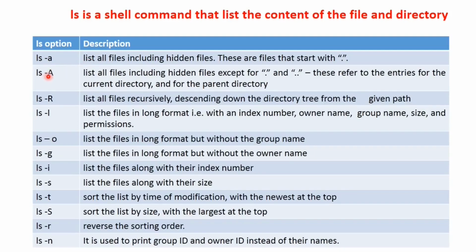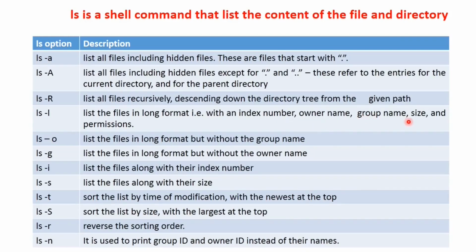These are the files that start with a dot. ls -A lists all the files including hidden files except for dot and dot dot. Dot indicates the current directory, and dot dot means the parent directory. The next option, -R, lists all the files recursively.